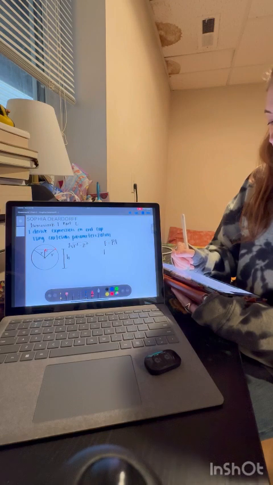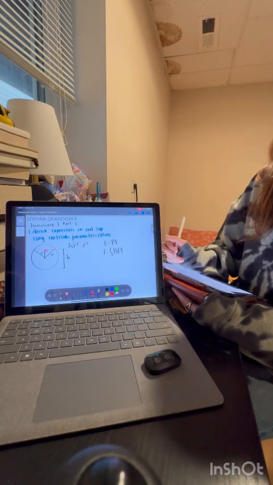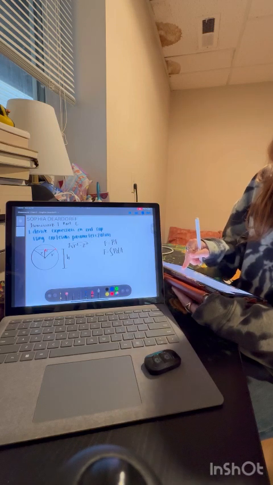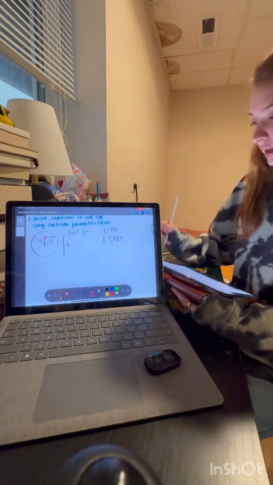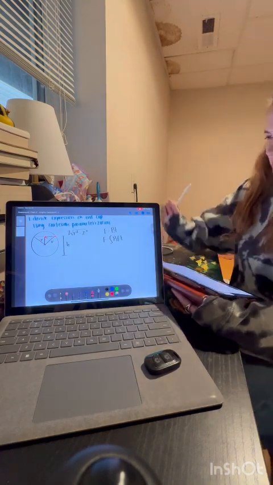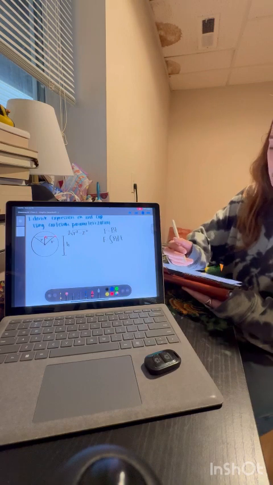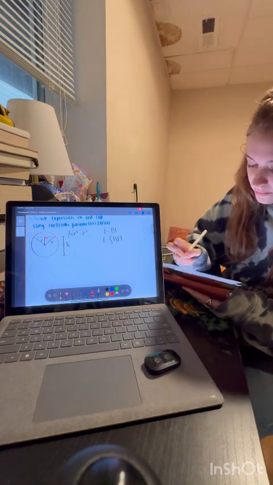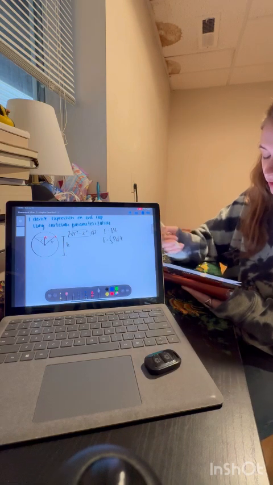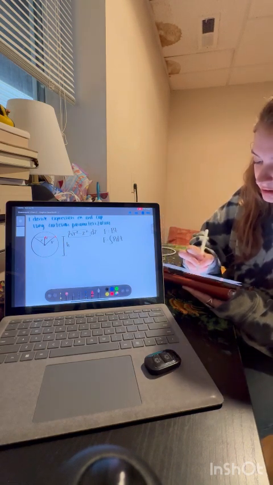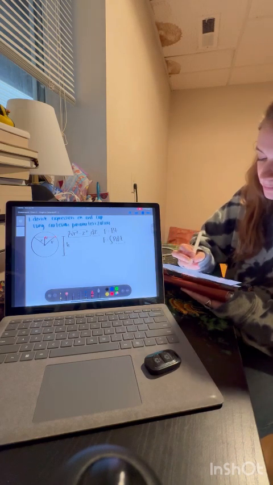From there, we're actually going to integrate with respect to our area. And our area we know is going to be this here with respect to a changing depth. So we're going to take this whole thing and the dz and plug it in here.